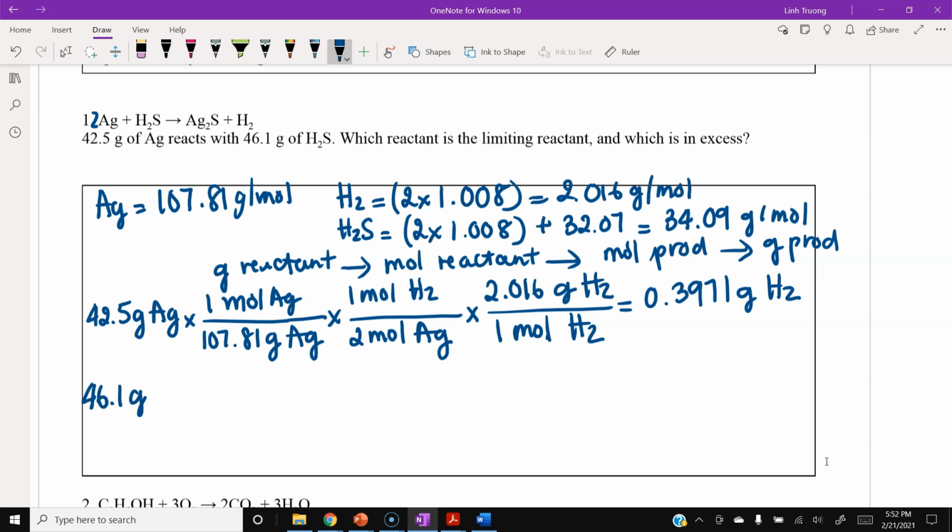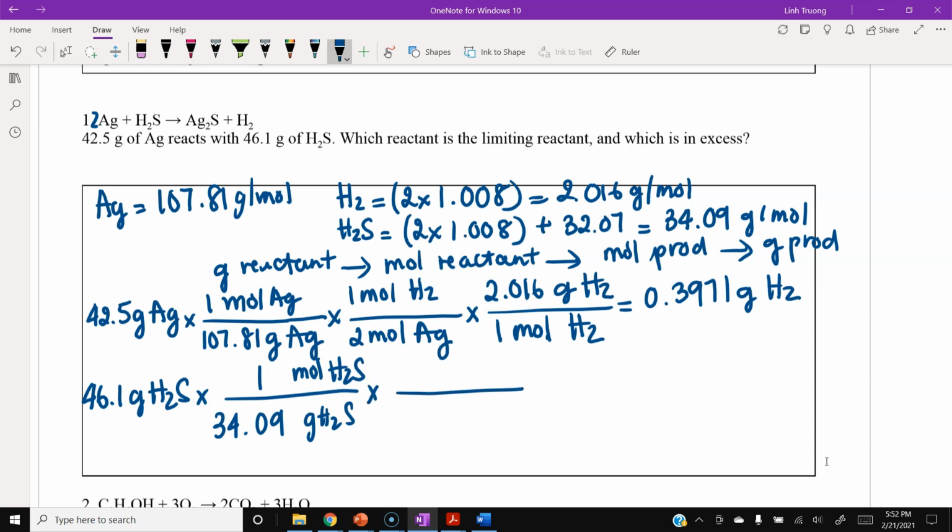Now let's do the other calculation for our other reactant, which is hydrogen sulfide. So let's do 46.1 gram of hydrogen sulfide. I want to convert that to mole of hydrogen sulfide, and I know the molar mass is 1 mole of that is 34.09, which is what we found earlier.